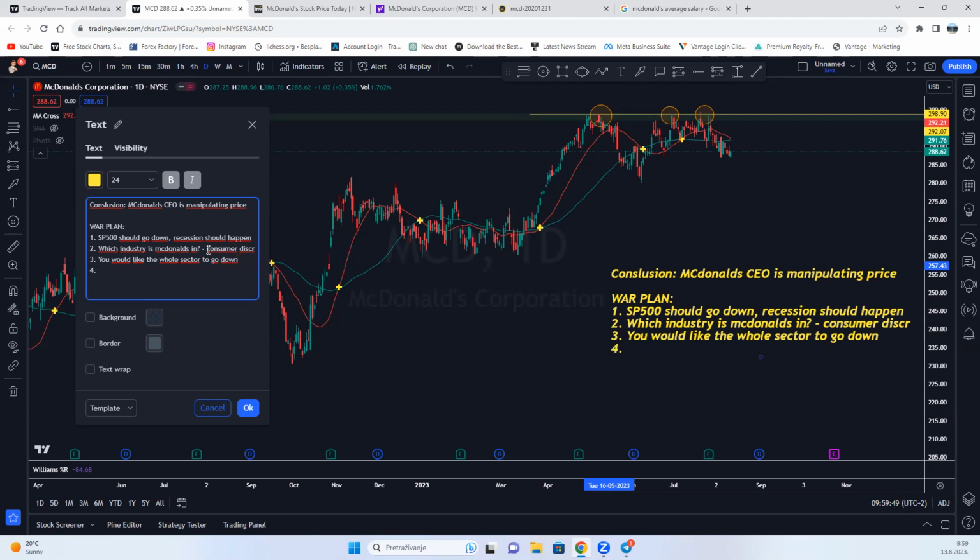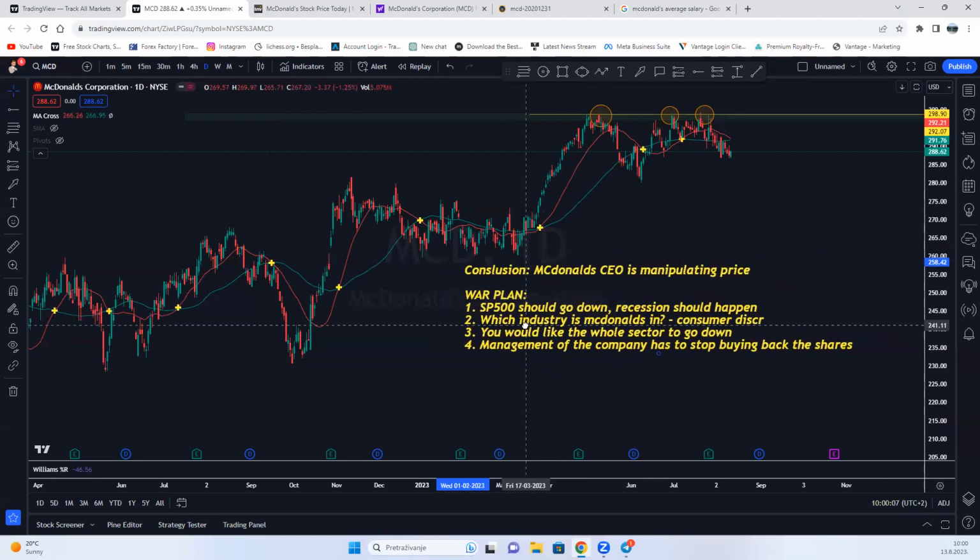Number four, you would like the management of the company to stop buying back the shares. You know why? Because then they are no longer playing against you.